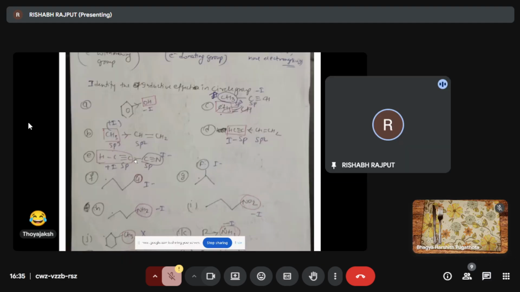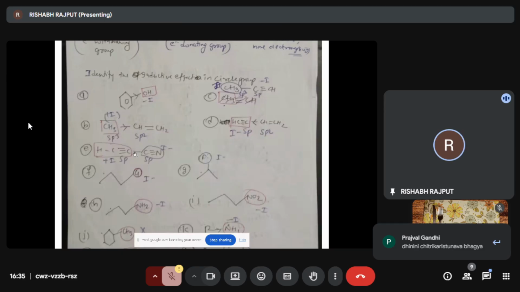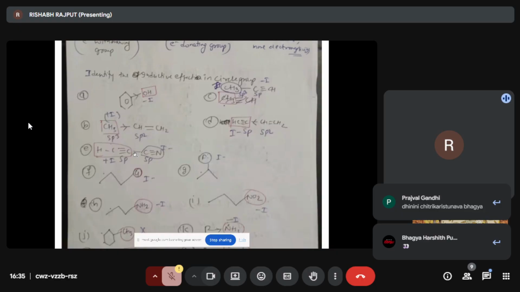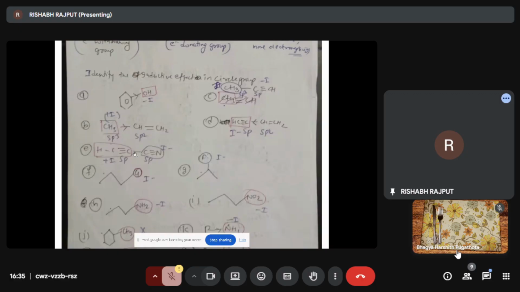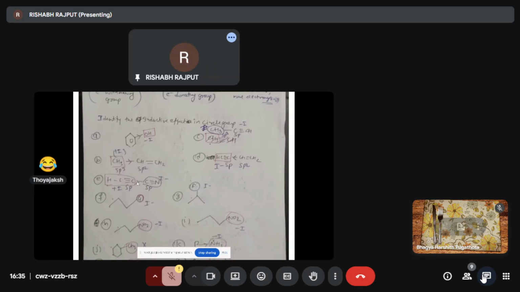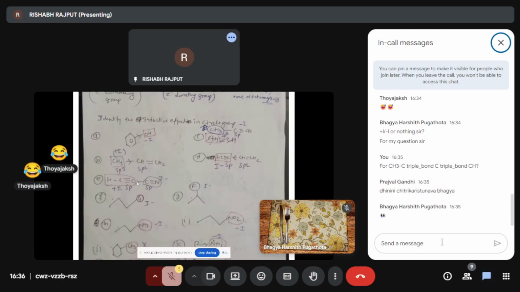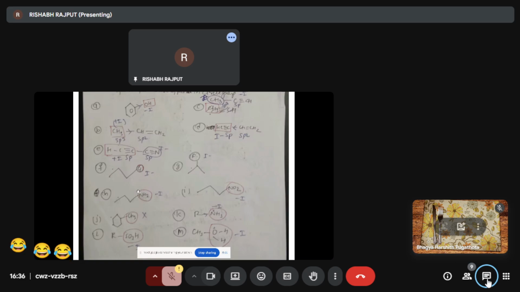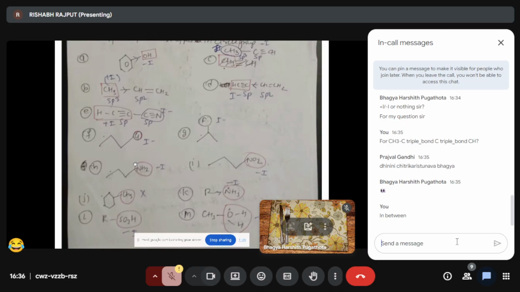Harshit, in the last you have C triple bond to C. Guys, how is it possible that one carbon has a triple bond on both sides? Bhagesh, how is it possible that one carbon has triple bonds with carbon on both sides?